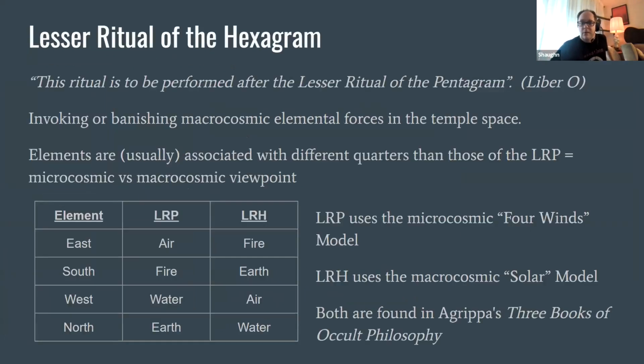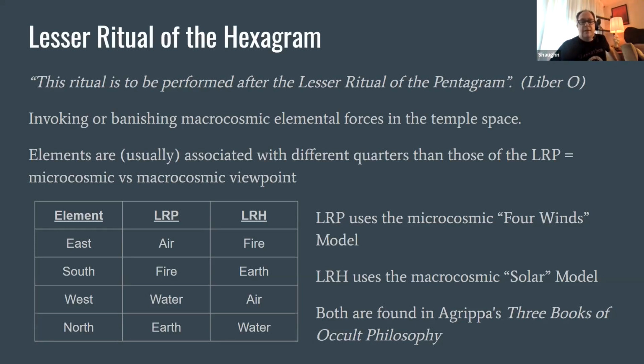Okay, so Crowley states in Liber O that the lesser ritual of the hexagram is to be performed after the lesser ritual of the pentagram. It is used for invoking or banishing macrocosmic elemental forces in the temple space. And elements are usually associated with different quarters than those of the lesser ritual of the pentagram, microcosmic versus macrocosmic viewpoint.